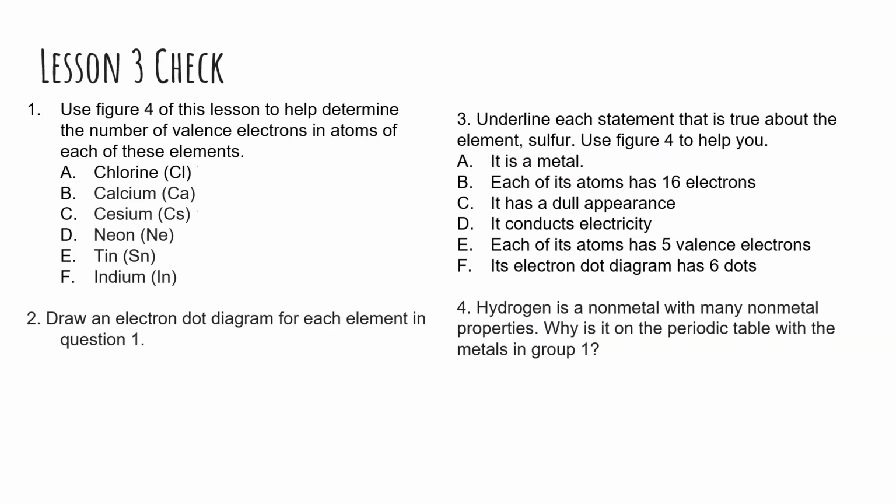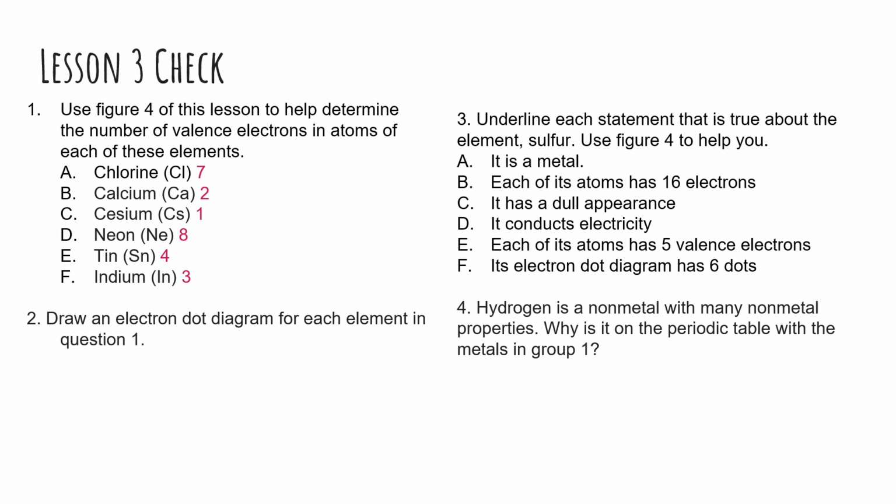And now we're at our lesson check. So we need to use figure 4 of this lesson to help determine the number of valence electrons in atoms of each of these elements. So chlorine is 7, calcium is 2, cesium is 1, neon is 8, tin is 4, and indium is 3.